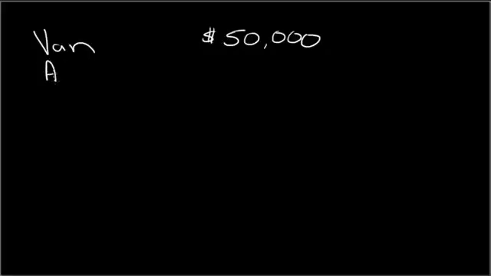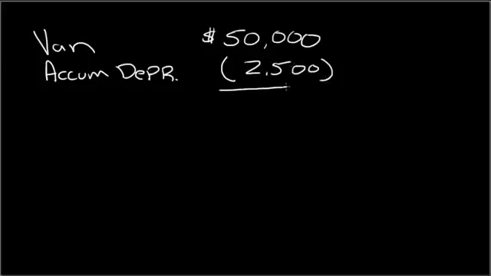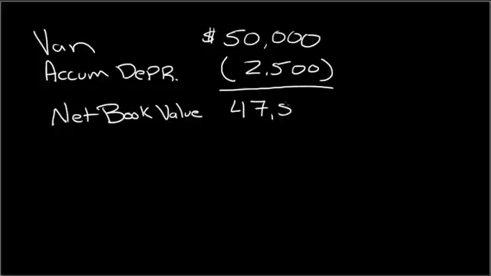I would have accumulated depreciation that rides along with this account, and the accumulated depreciation at year end for the van was 2,500. So we're going to show what we call the net book value, or the assets net of depreciation, which will be in this case 47,500. So this is the amount that will show up on our balance sheet with respect to the van.